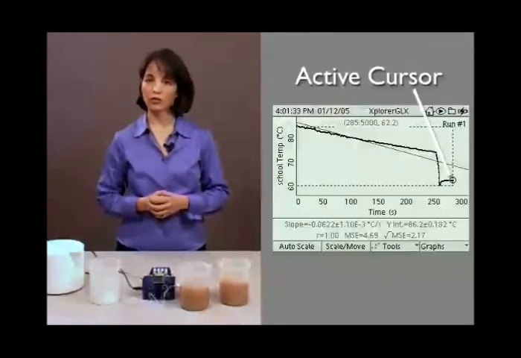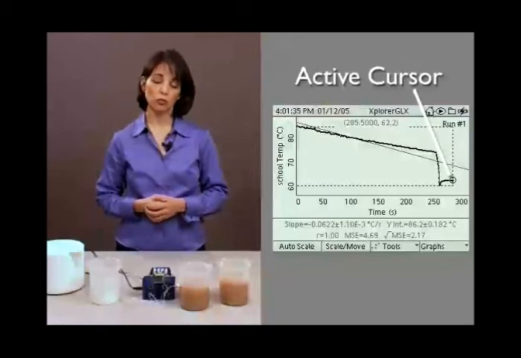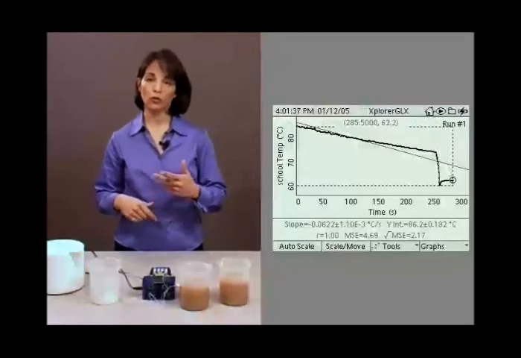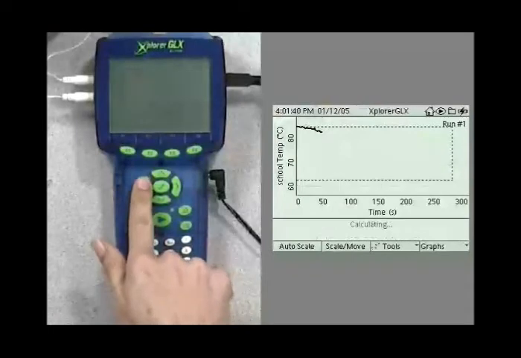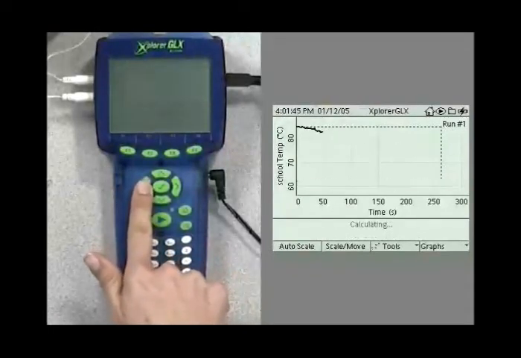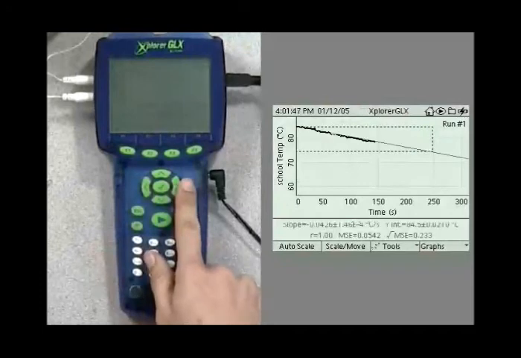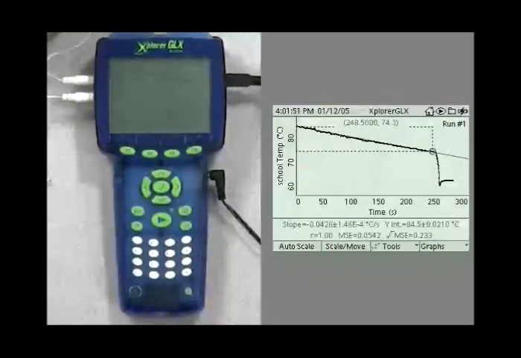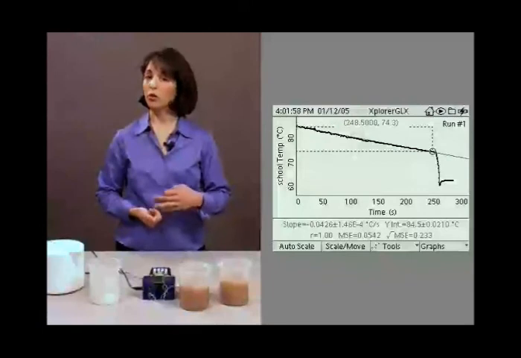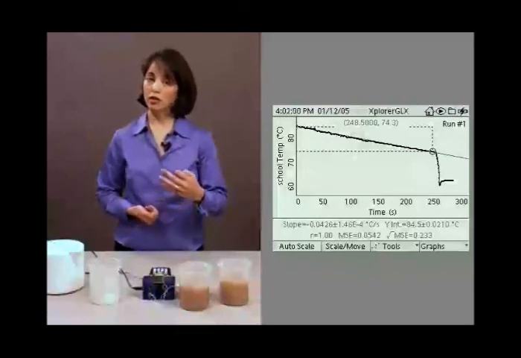That is the active cursor, and it can be moved using the arrow keys. So I'm just going to move that active cursor a bit to the right so that our region of interest now only becomes the 5 minutes that we're interested in. And if we look at the slope there, the magnitude of it is 0.042.